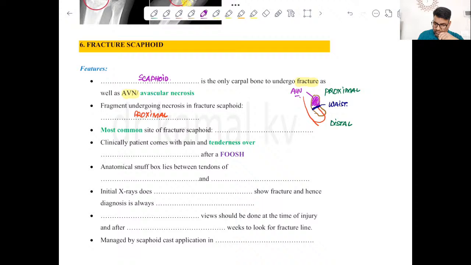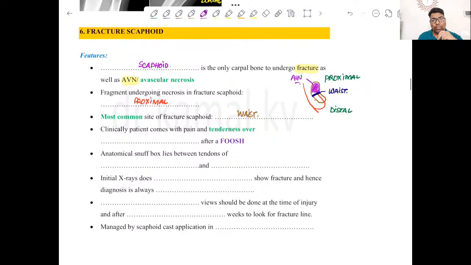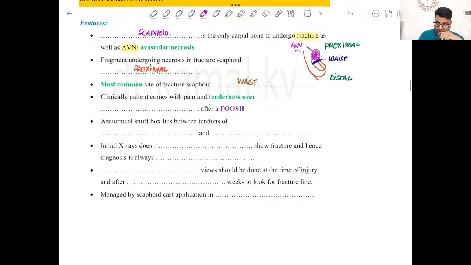So most common site of fracture is through the waist, and clinically at times the x-ray may not show the fracture, so we have to rely on making a clinical diagnosis. And the landmark, I think most of you must be knowing, it is anatomical snuff box, right?